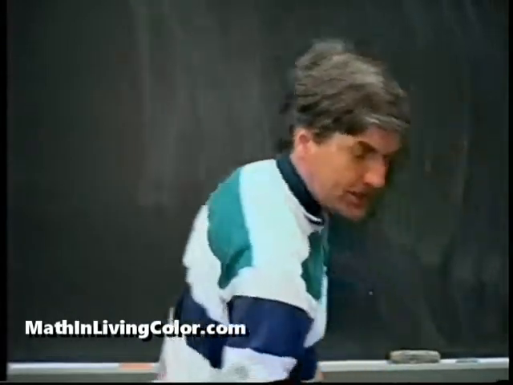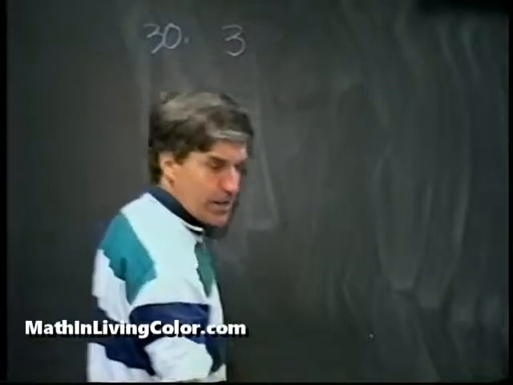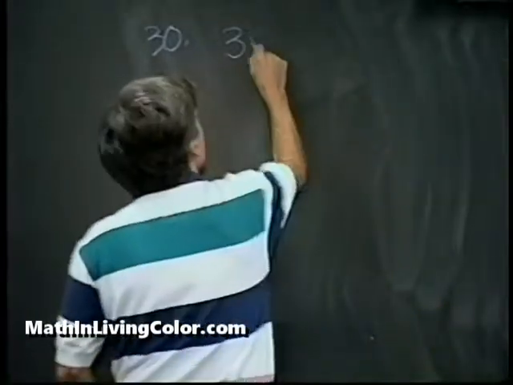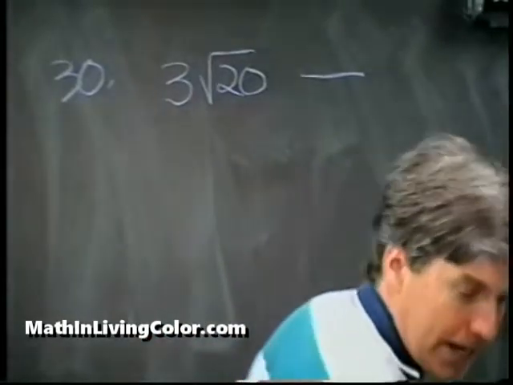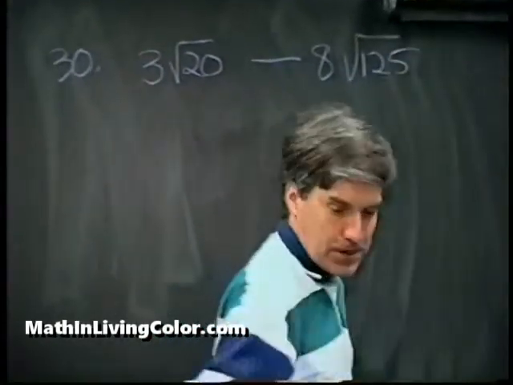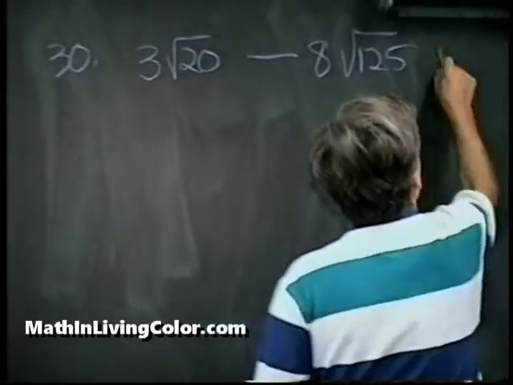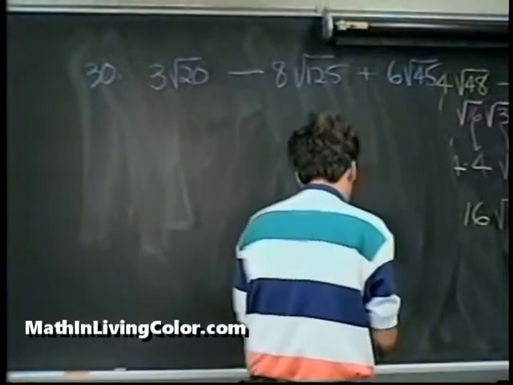Well, number 30, the problem says 3 times the square root of 20, and then it says minus 8 square root of 125, and then plus 6 square root of 45. Okay?